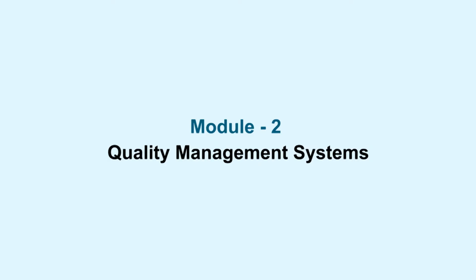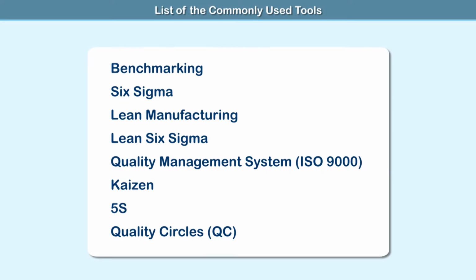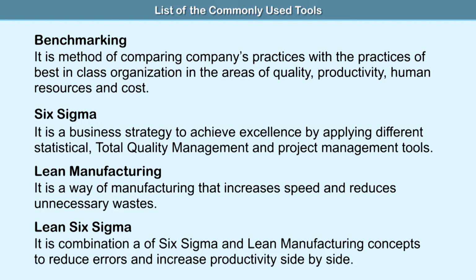Quality management systems. In this module, we will talk about various quality management systems and we will talk about the most commonly used tools. List of the commonly used tools consist of benchmarking. It is a method of comparing companies' practices with the practices of best in class organization in the areas of quality, productivity, human resources and cost, etc. Six Sigma.